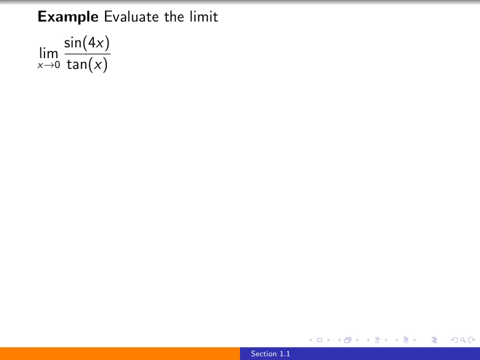So let's go ahead and evaluate the limit as x approaches 0 of sine 4x divided by tangent x. And let me once again remind you of the special trigonometric limit, that the limit as x approaches 0 of sine of cx divided by cx is going to be the number 1, and this is for any constant c.